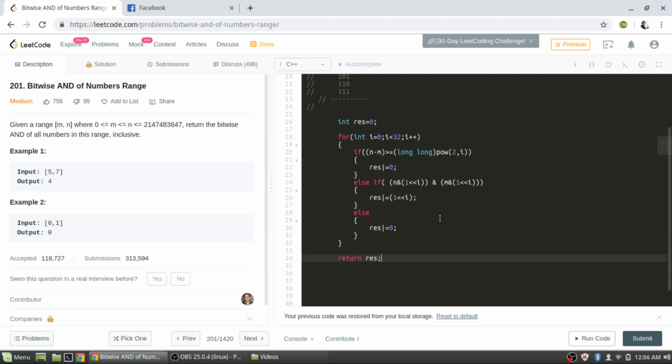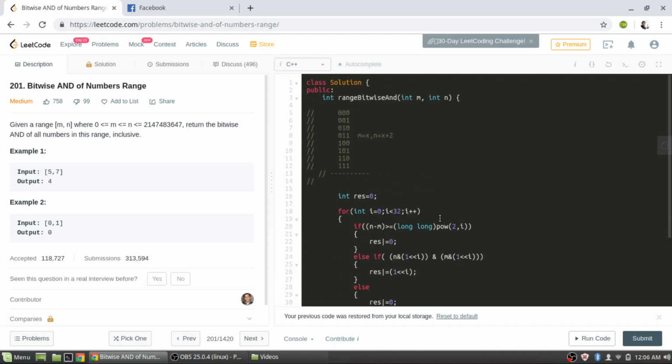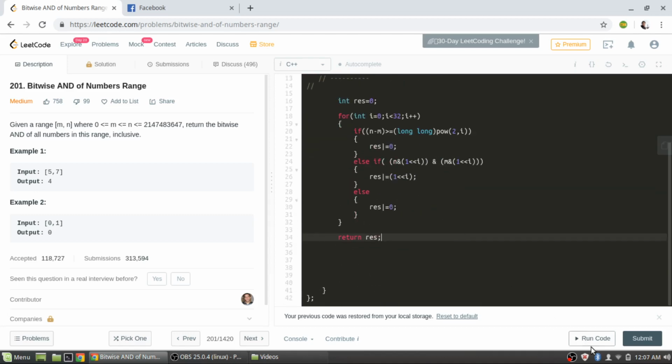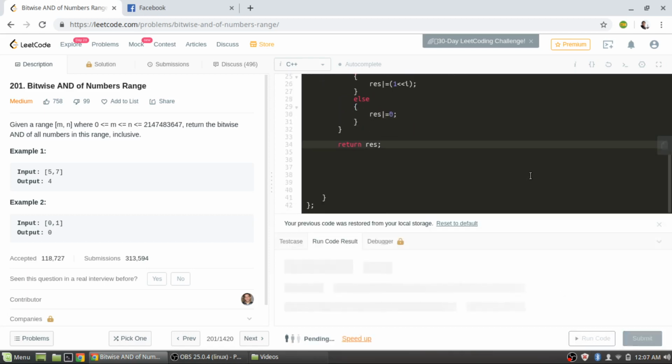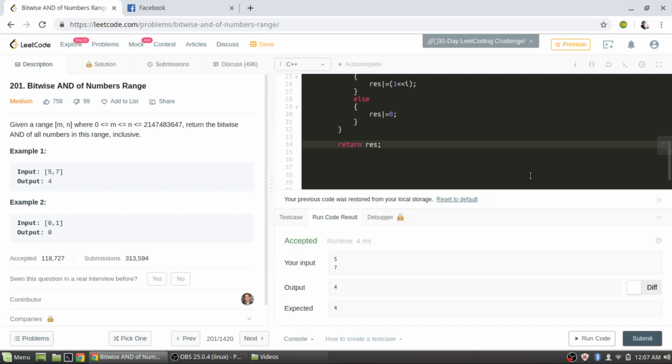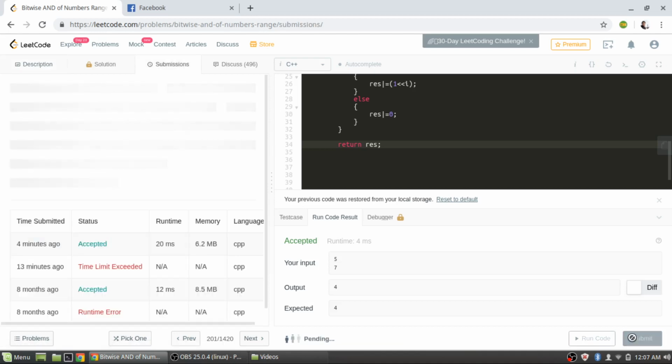So that's it. This code should work. Let me just run this code. Yeah, it works on the test case. Let me just submit it.